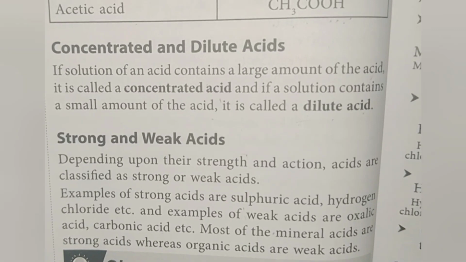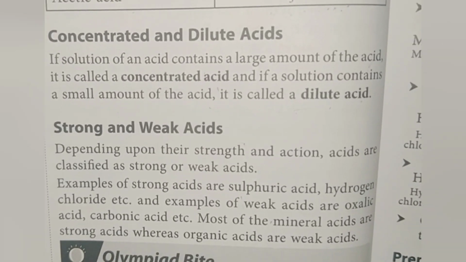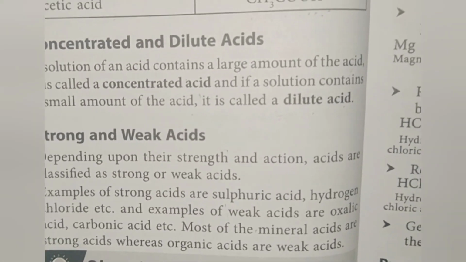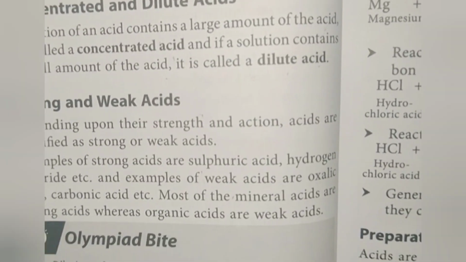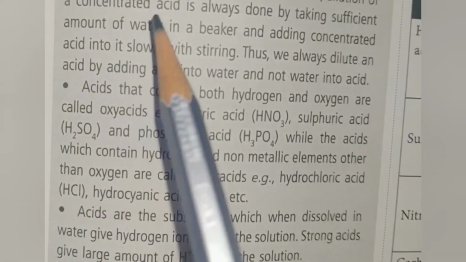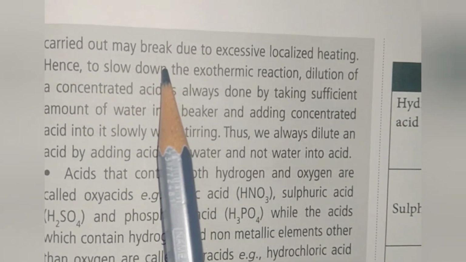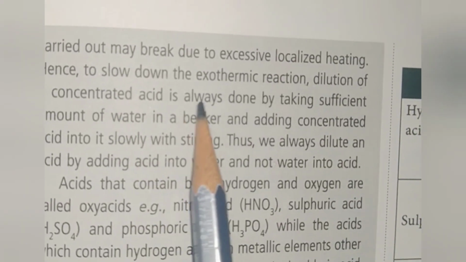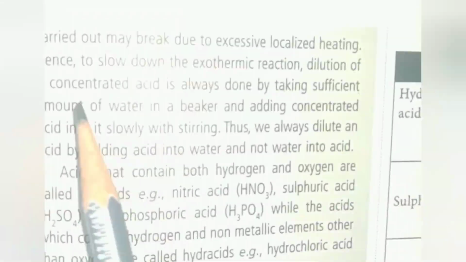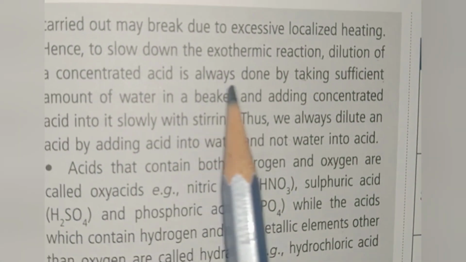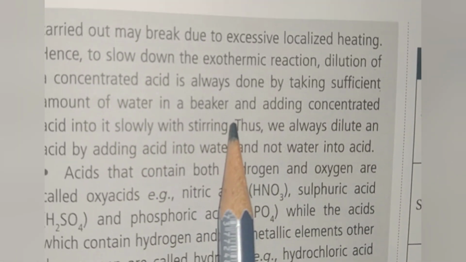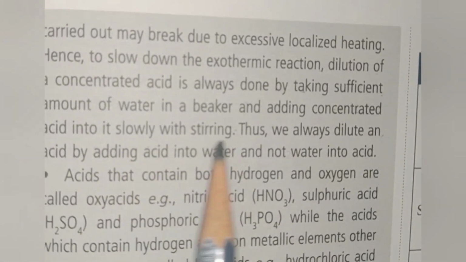And this process is called dilution and it is highly exothermic. The heat produced is so large that the solution may splash out of the glass. The vessel in which dilution is carried out may break due to excessive localized heating. To slow down the exothermic reaction, dilution of concentrated acid is always done by taking a sufficient amount of water in a beaker and adding acid into it.